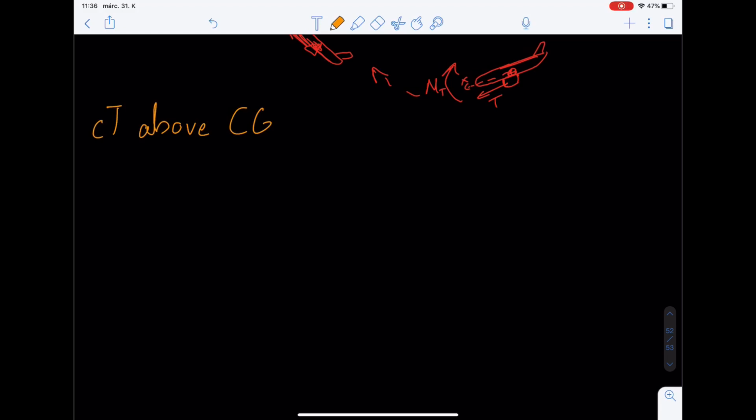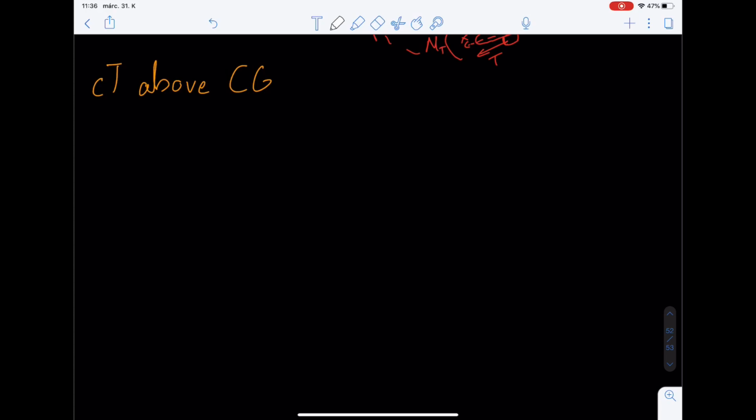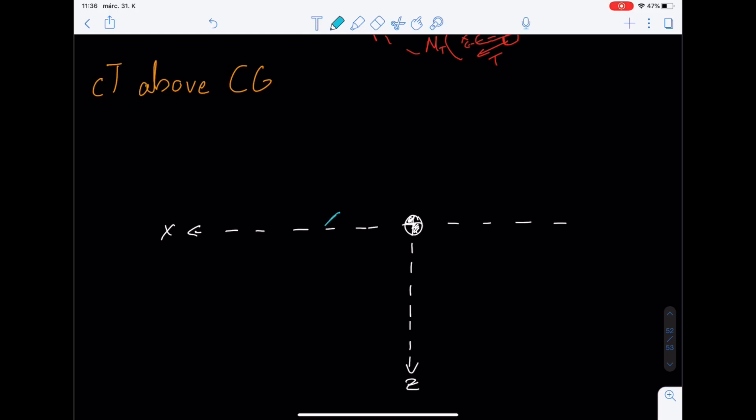So I would think of a modern day construction of, for example, the C-17. So you have the longitudinal axis and the z-axis, and you have the silhouette of the airplane around it. Try to be precise with it.